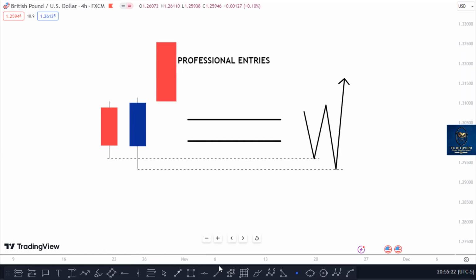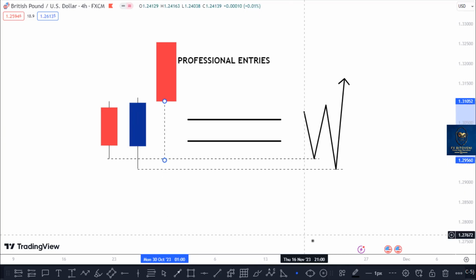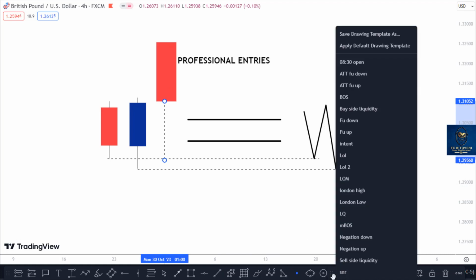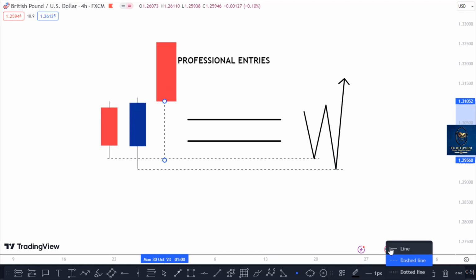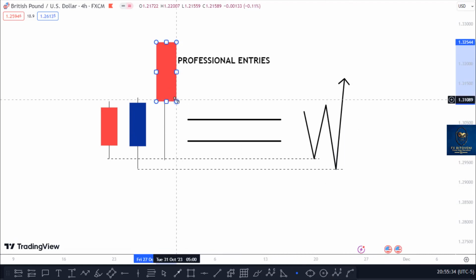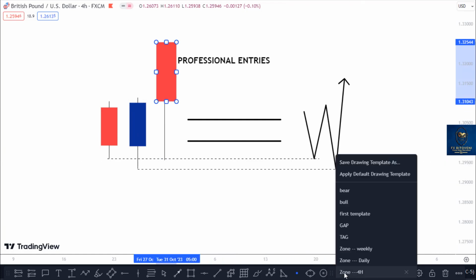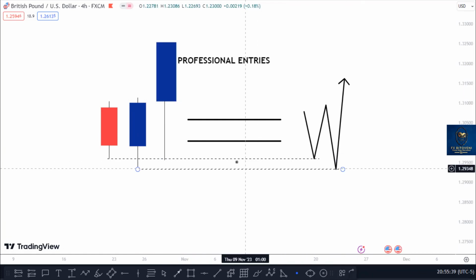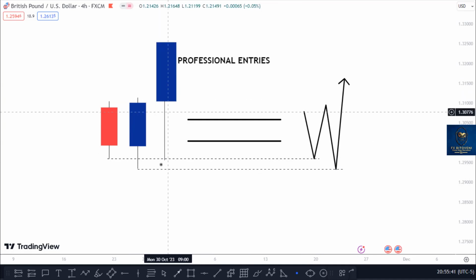So please understand, this is what I'm trying to teach you guys. They will come to take this level and they push price higher. So follow carefully. As you can see, this is going to happen.